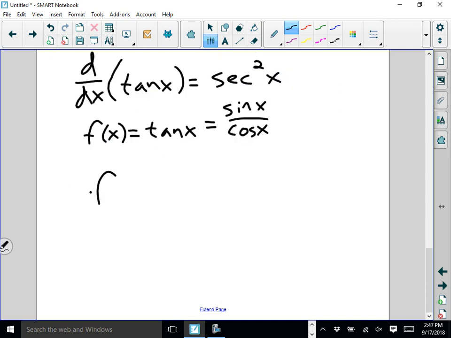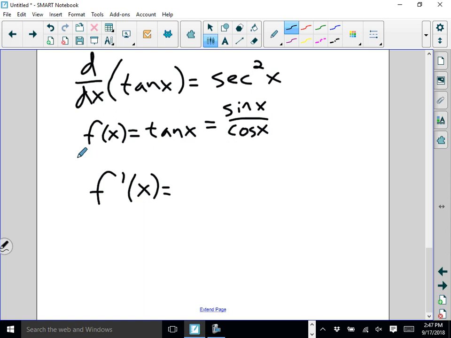What's going to happen now if we take f prime of x and use the quotient rule? Well, hopefully we end up with the same answer, right? Secant squared x. Let's go ahead and execute the quotient rule on the function sine of x over cosine of x and solve this thing.